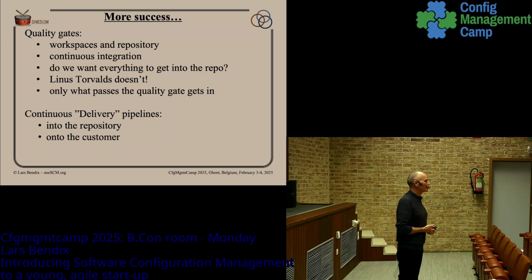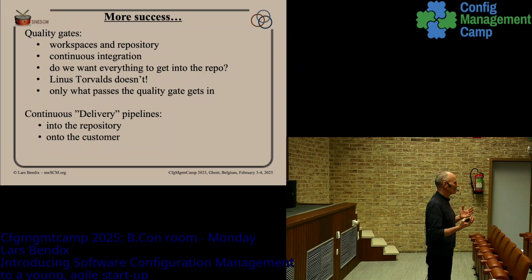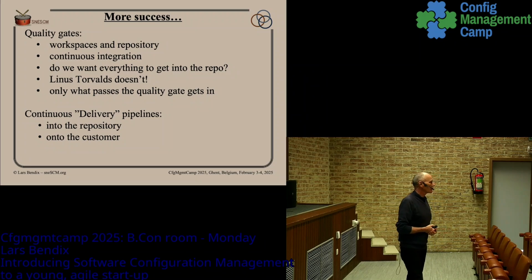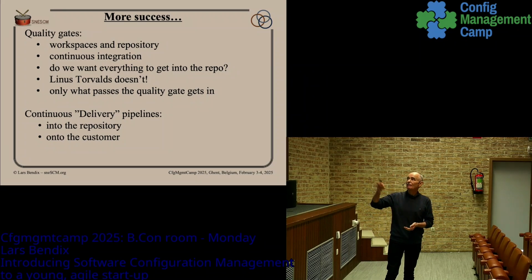But sometimes it's too painful to build in the quality that will allow us to actually deliver continuously to the end customer. But we would like to have some sort of delivery process to what we deliver to the team into the repository.